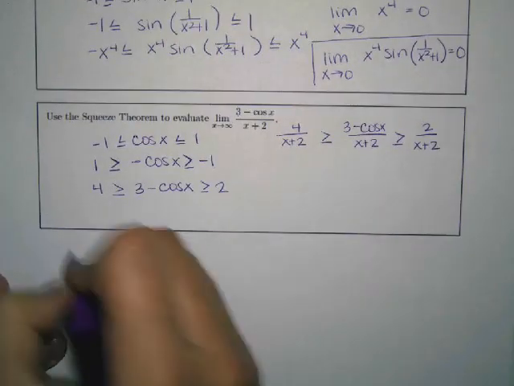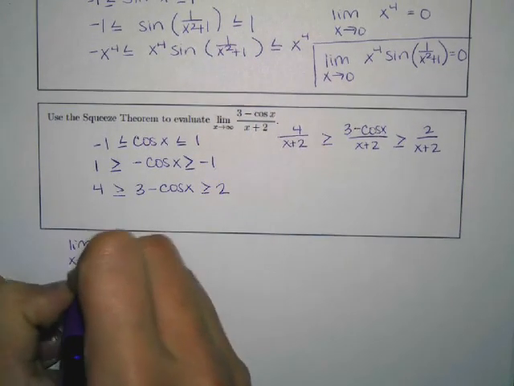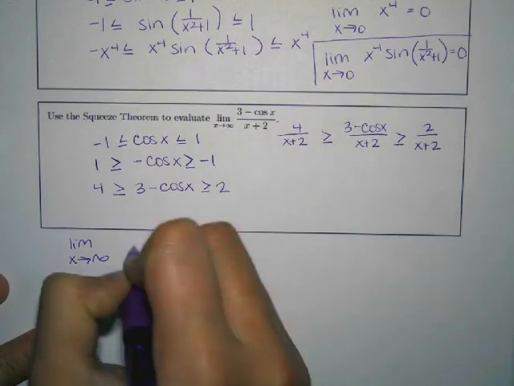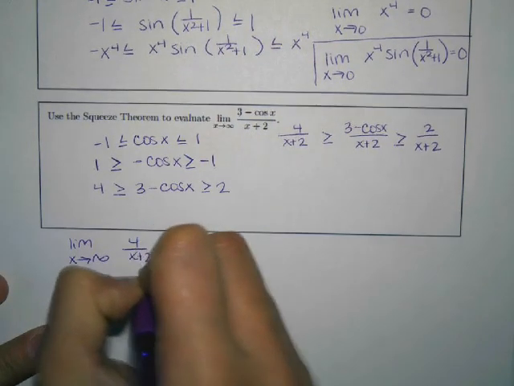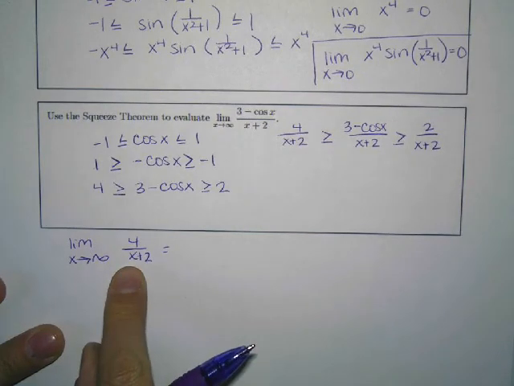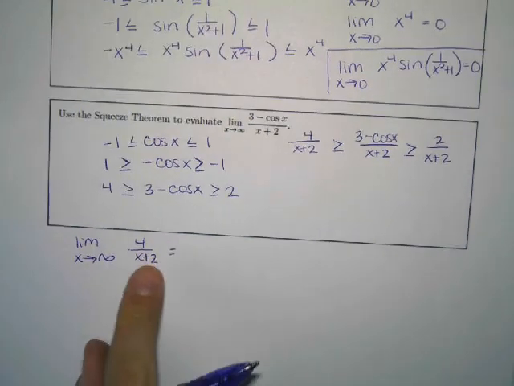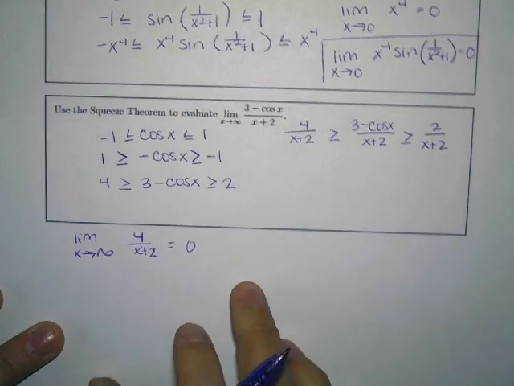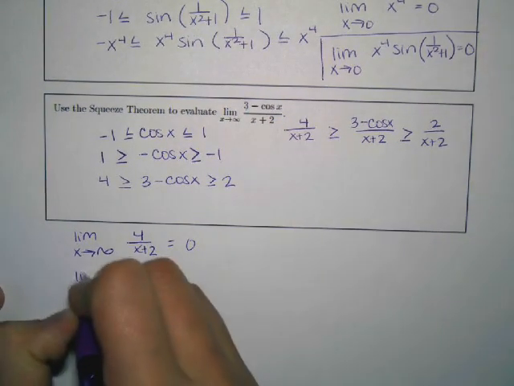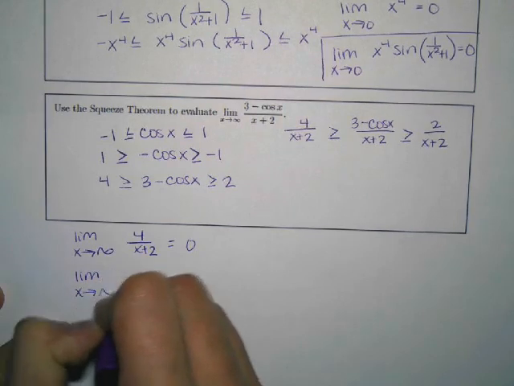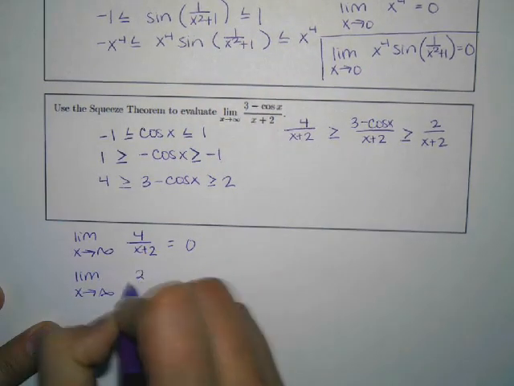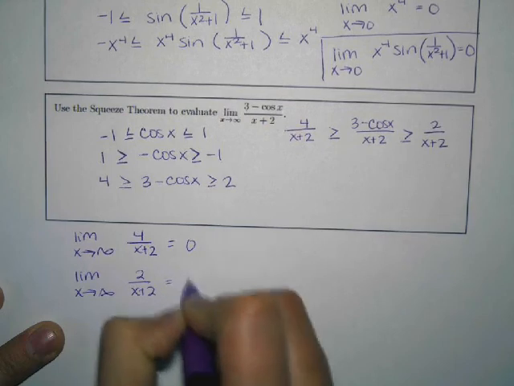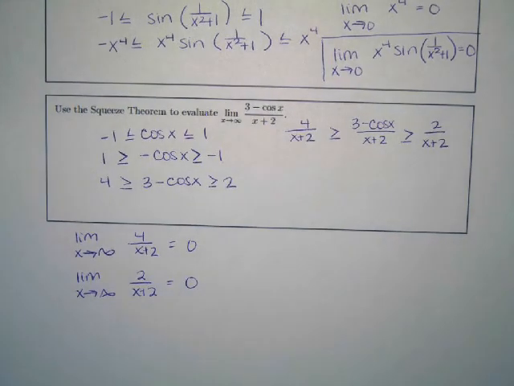If I say the limit as x goes to infinity of 4 over x plus 2, then if I plug infinity in here, I have a little number 4 divided by a huge number, and that is 0. Then if I do the limit as x goes to infinity of 2 over x plus 2, I arrive at the same conclusion.